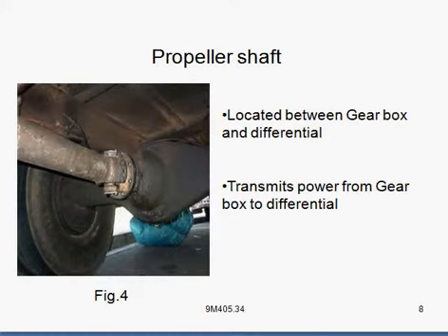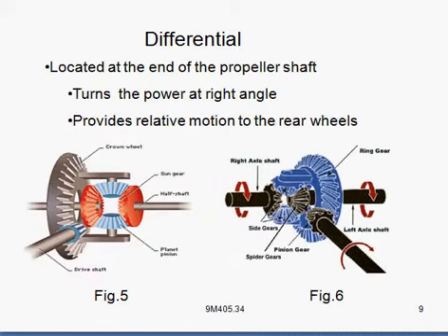This is the propeller shaft, which is used to transmit the power from the gearbox to the differential and finally to the wheels. And this is the differential. This differential is mounted on the two rear axles. It is used to convert the motion at a right angle.